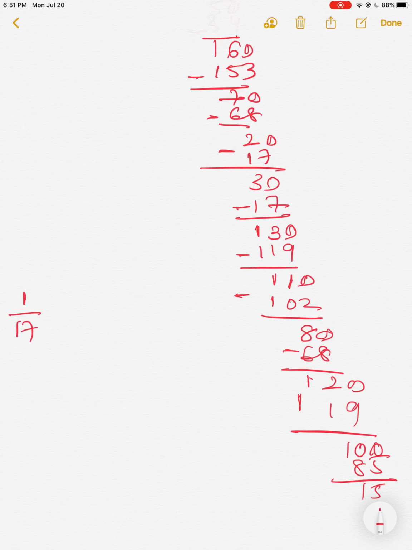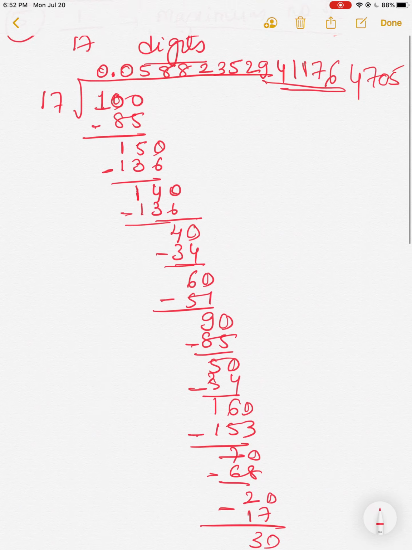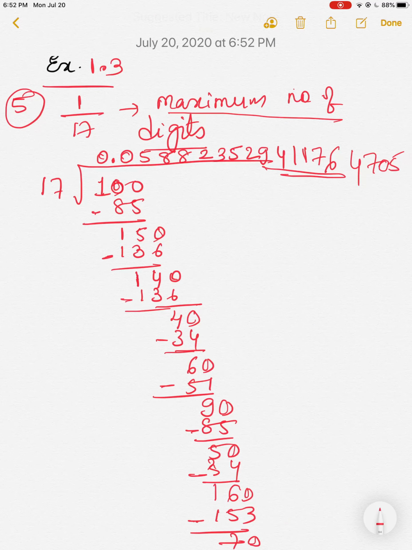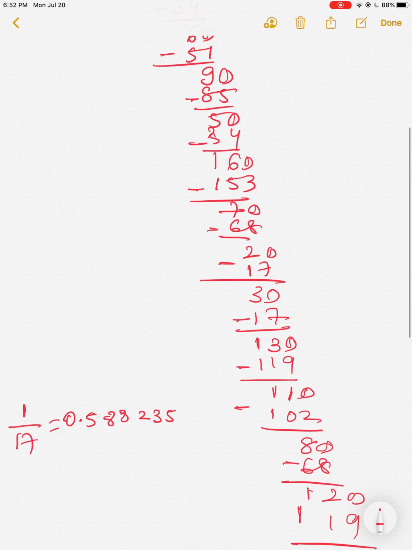So 1 upon 17 is equal to, you can write, 0.0588235294117647. Okay, whole this is repeated again, it will be repeating the same.